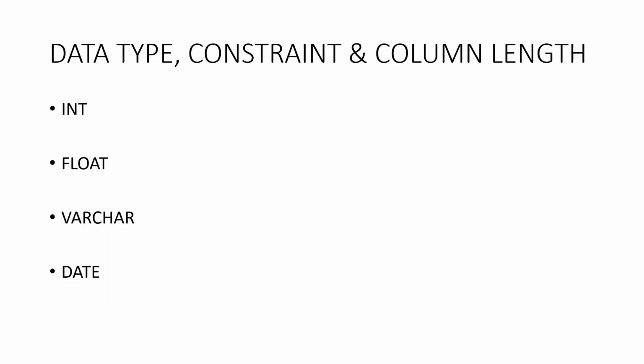Another thing is column length. Sometimes we need to declare the column length as well. Column length tells us the maximum length the column data can have, especially for the string data type, because integer has a fixed data length.